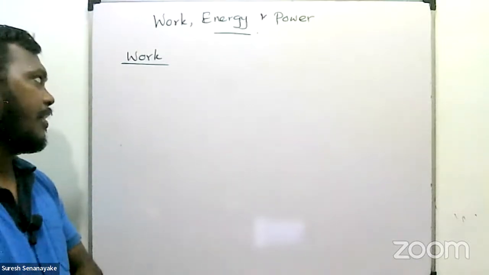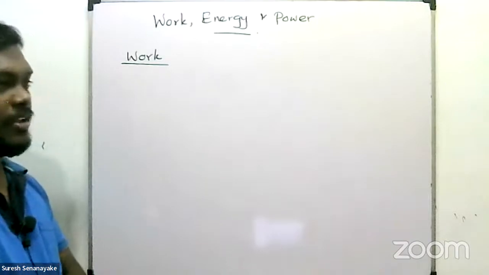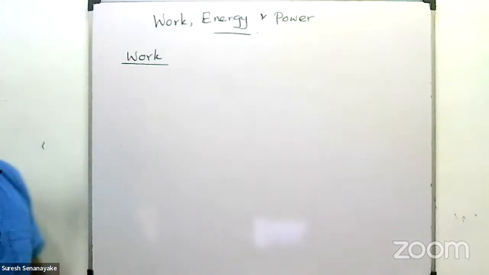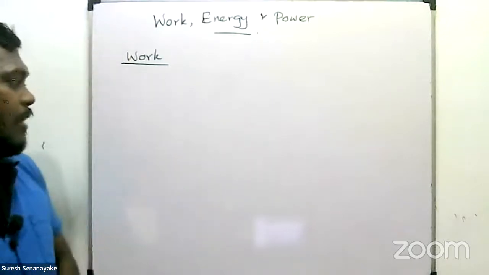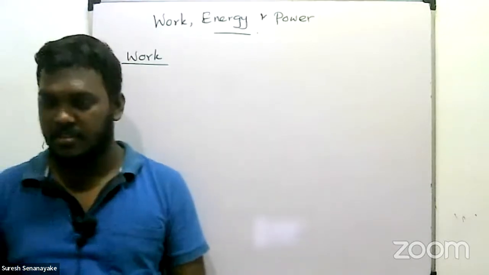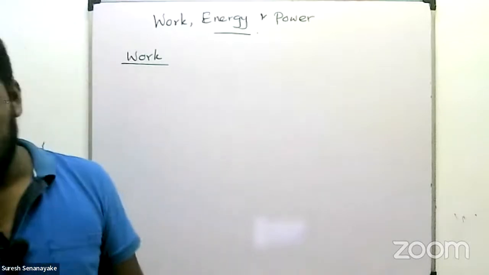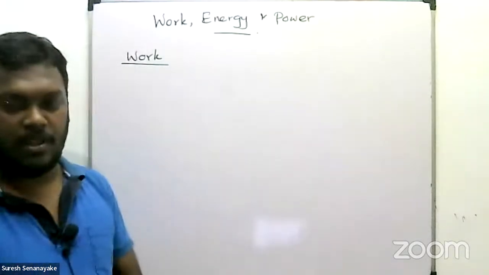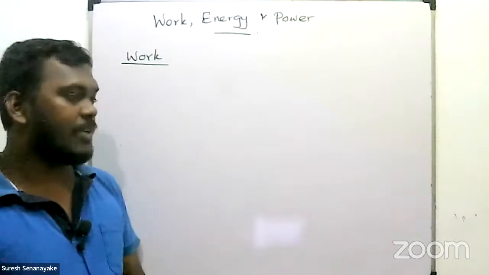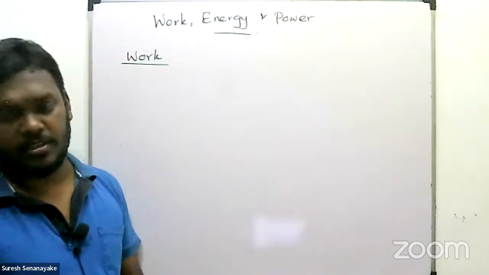The direction is important here, because work done is a scalar quantity, but the sign is very important. That's the sign for the work done. We can have negative work done, positive work done, or zero work done. Negative work done means work done against the force applied.